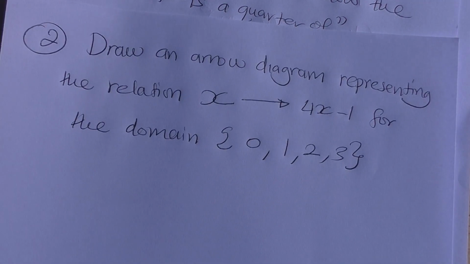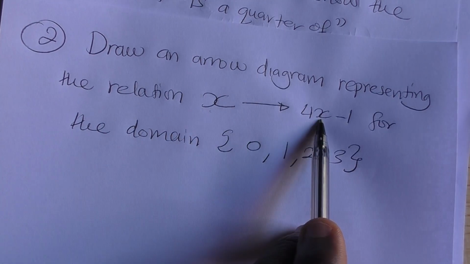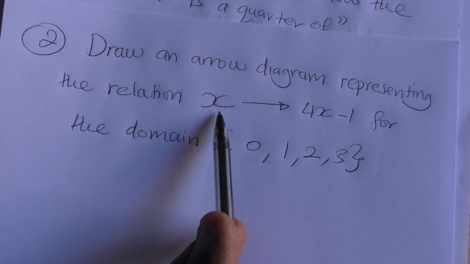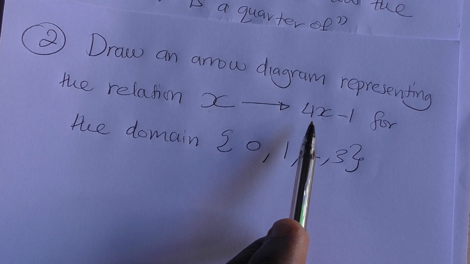So we are supposed to draw an arrow diagram representing this. Now our relation this time is in a mathematical operation.